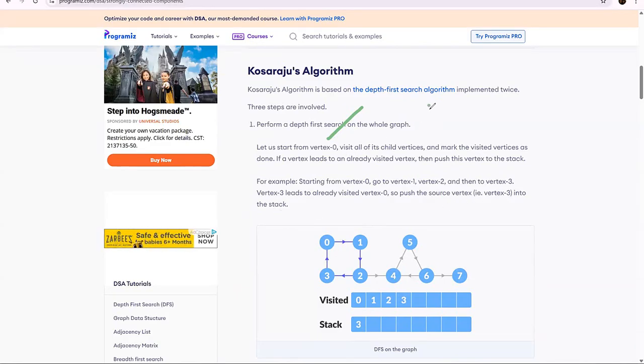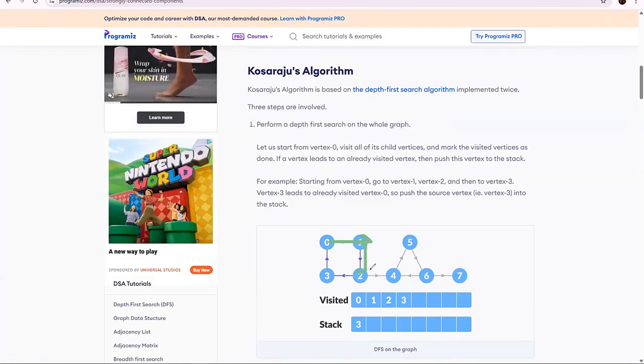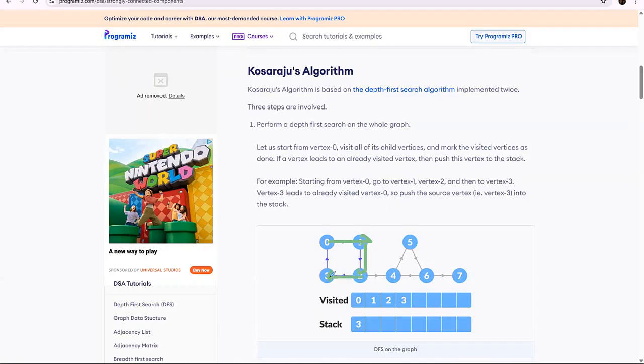You visit the vertex and mark it as visited. If the vertex leads only to already visited nodes, push it to the stack. So you go 1, then 2, then 3, and 3 can only go to 0, which is already visited, so you push 3 into the stack. That's step 1.